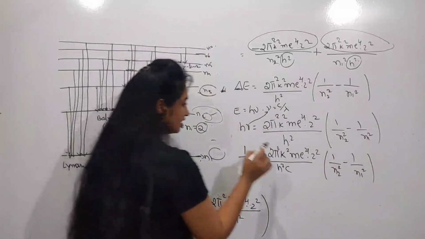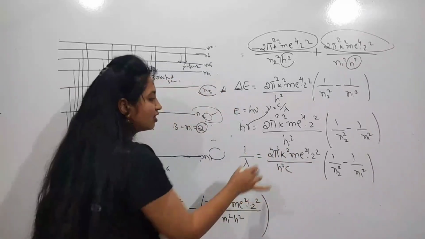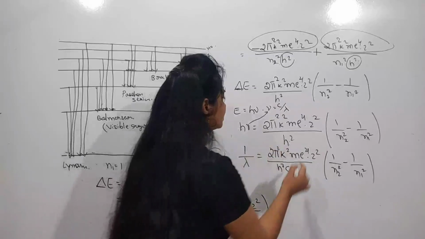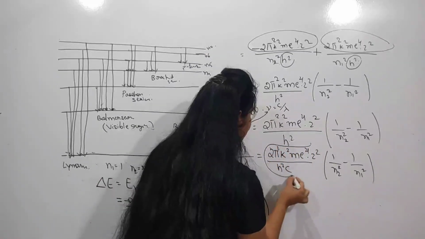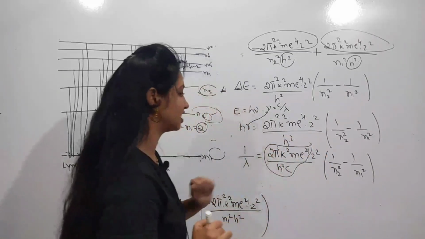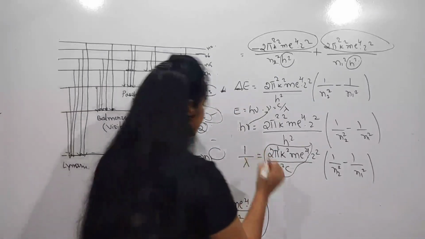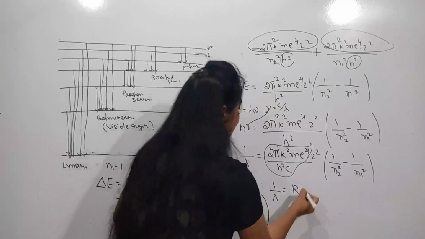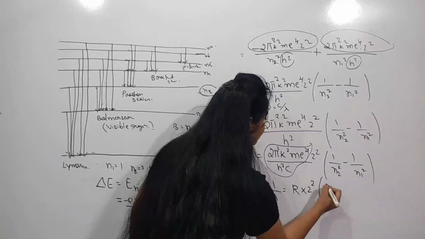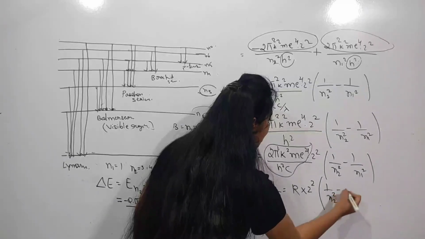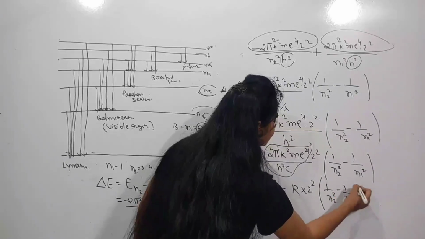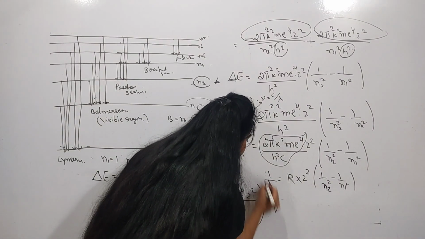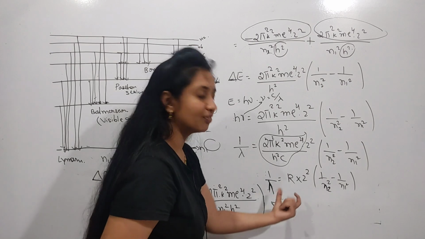Then when we put the value of these constant terms, we get one value, and that value is called the Rydberg constant. So I mention the Rydberg constant, that is R into z square into 1 by n2 square minus 1 by n1 square. Then 1 by lambda is equal to mu bar, meaning wave number.